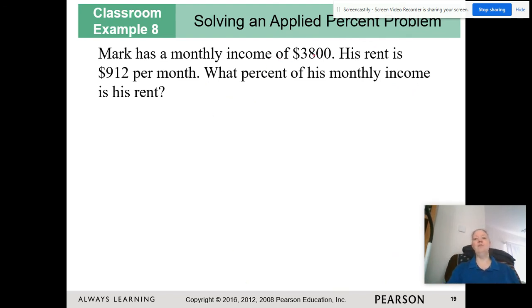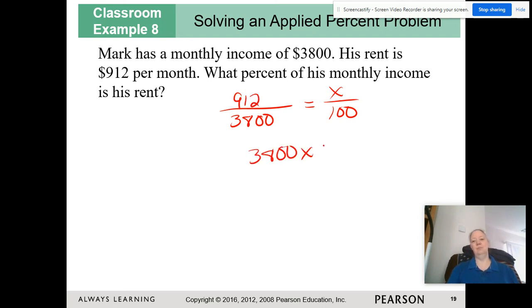Okay, of 3,800, what percent is 912? So we don't know the percent, and the only other number left is 912. Whenever you multiply by 100, you add 2 zeros.